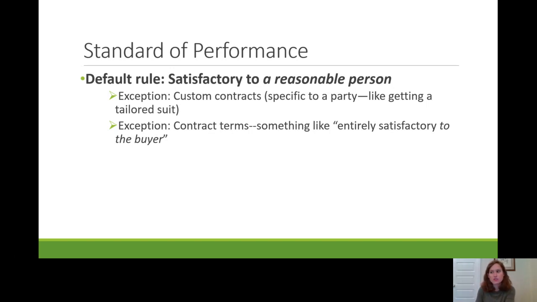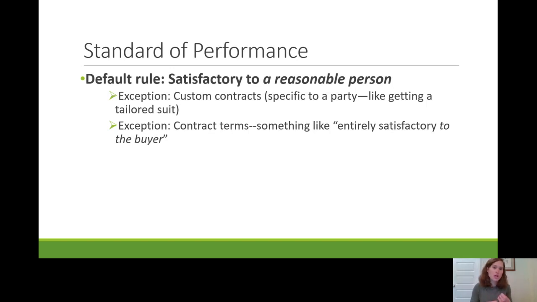In the t-shirts example, when we're looking at the quality of the shirts, were the shirts delivered on time, were the terms of the contract met, we're going to look not necessarily at am I personally happy with the performance. We would look at how a reasonable person would feel about this.